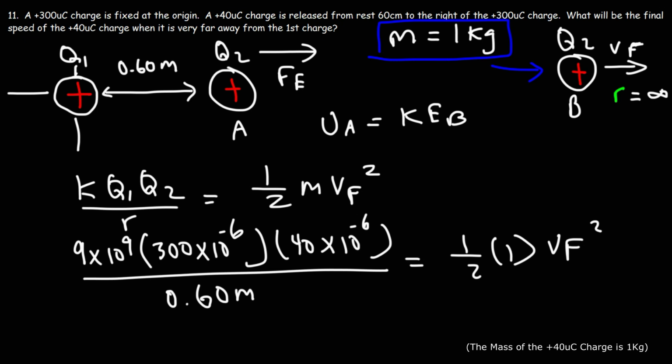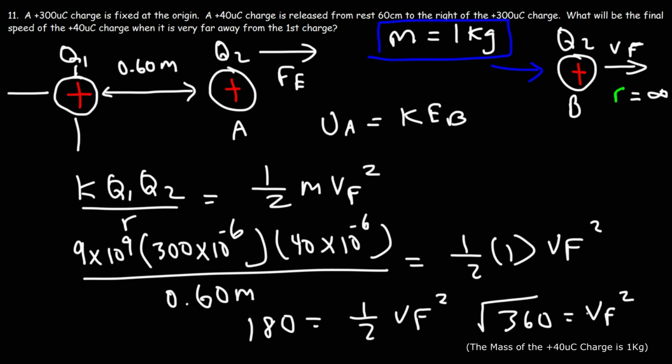9 times 10 to the 9 times 300 times 10 to the negative 6 times 40 times 10 to the negative 6 divided by 0.6. That's 180. If we multiply both sides by 2, 180 times 2 is 360.